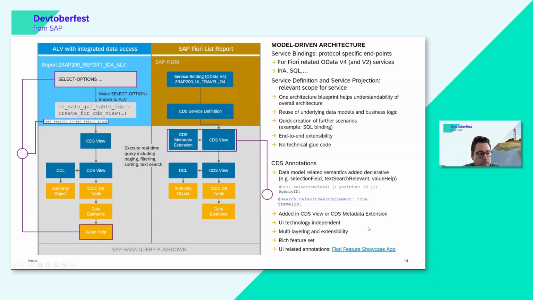So we all know Fiori is very helpful to address the modern look and feel, but we also know that UI technologies might change faster than a complete backend redesign will come.